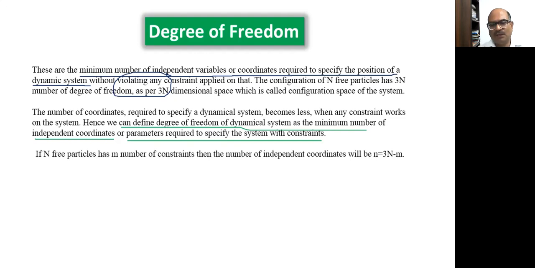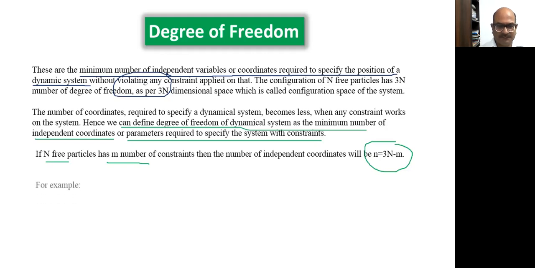If n free particles have m constraints, the independent coordinates will be 3n minus m. I hope you can easily understand that 3n is the total number of available spaces, coordinates, parameters in which the particle can move, and small m is the restrictions available. So accordingly, the total number of free spaces is reduced.